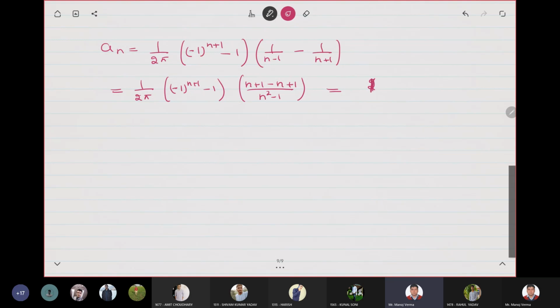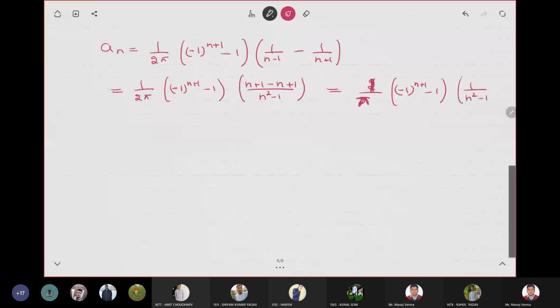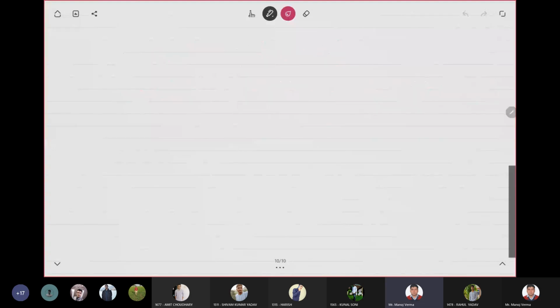It will become 1 over π, minus 1 raised to the power n plus 1 minus 1, and it will be 1 over n squared minus 1. Okay, earlier we had kept a negative sign common outside.